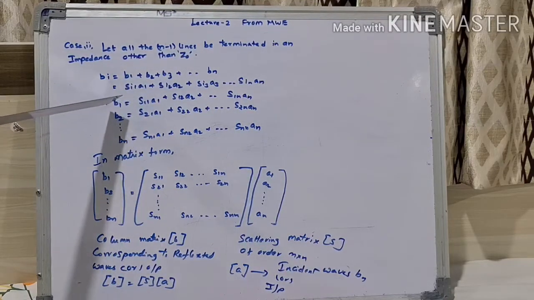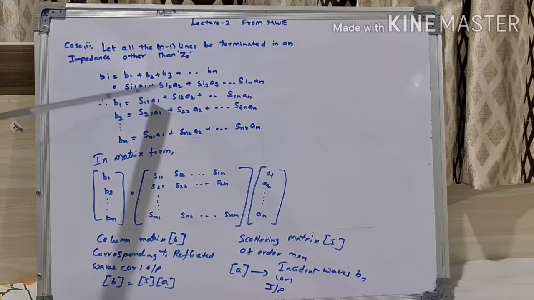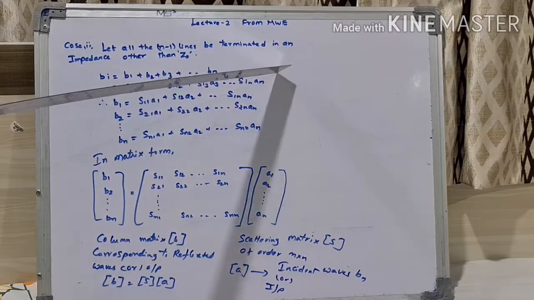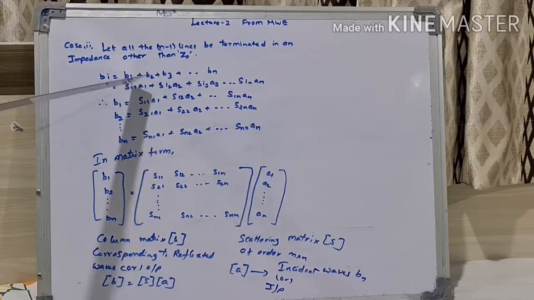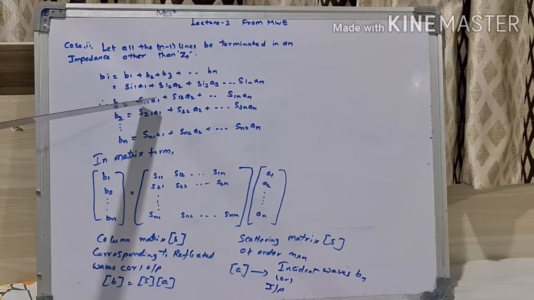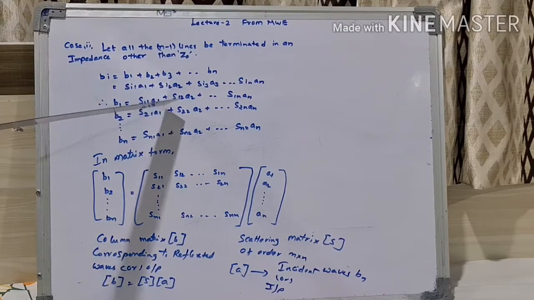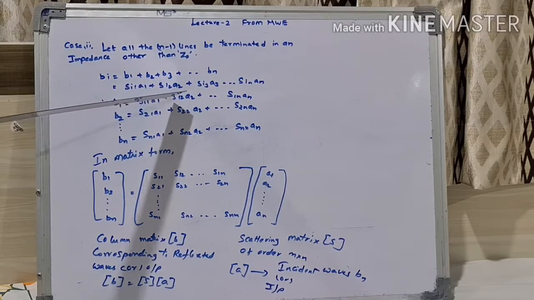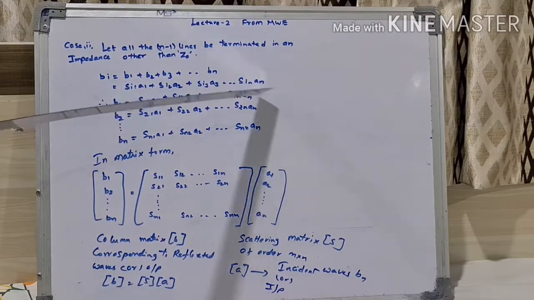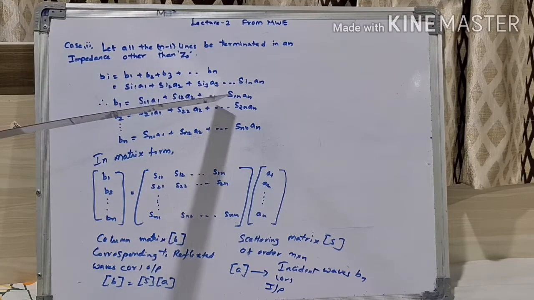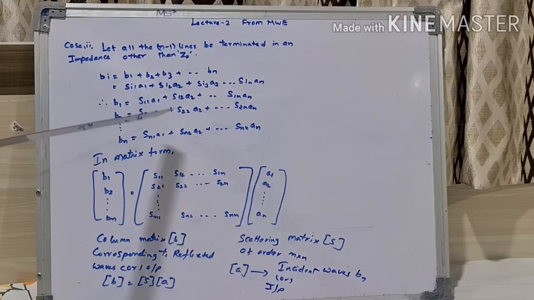This is the equation for the ith line, with i equal to 1: B1 equals S11 into A1 plus S12 into A2 plus S1n into An. All these are regarding the first port.